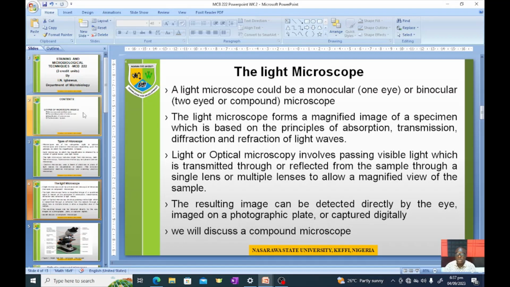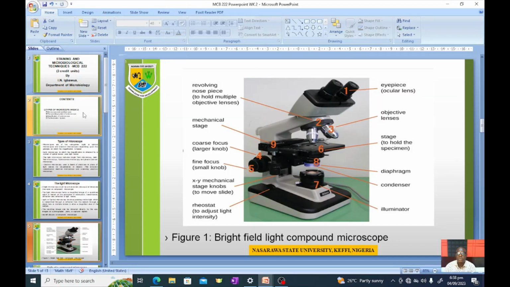The resulting image can be detected directly by the eye, imaged on a photographic plate or captured digitally. We, for the purpose of this lecture, will be considering the compound microscope.